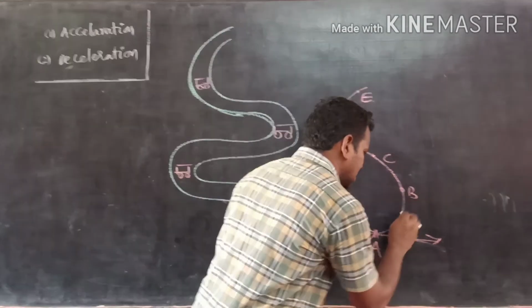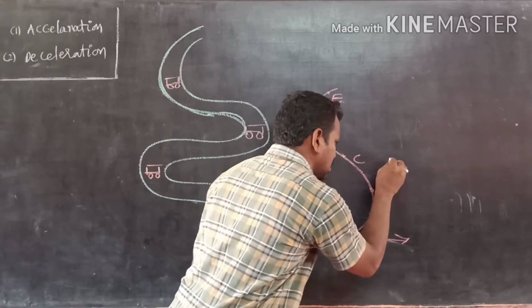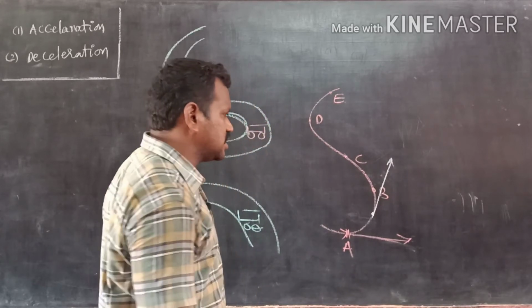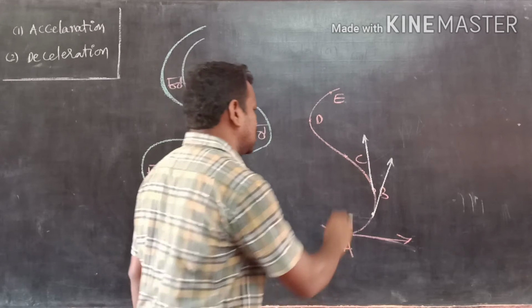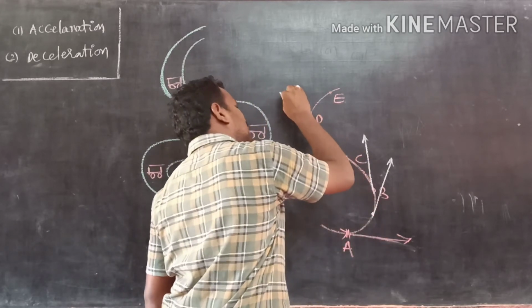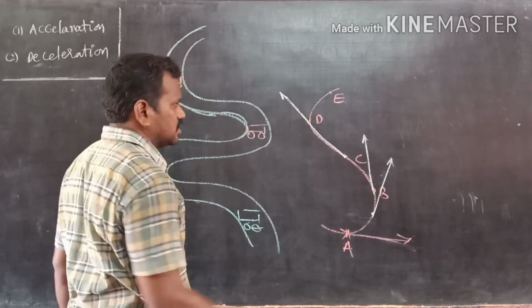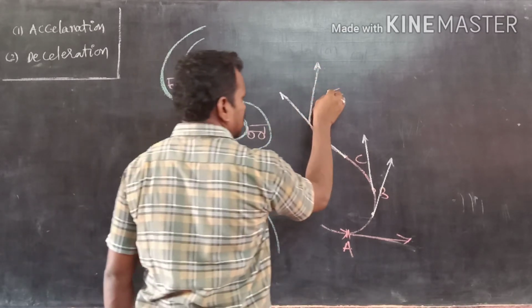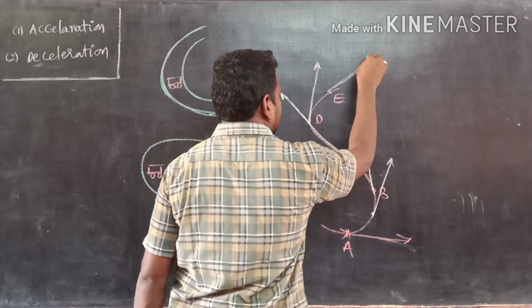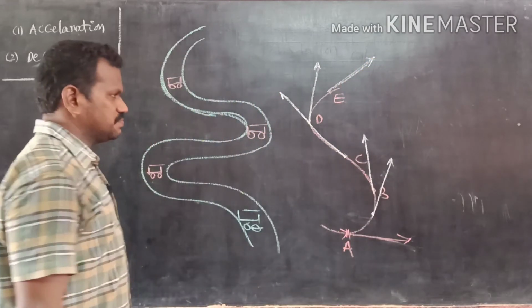Here the body is there. This is the tangential direction of velocity. Here is the tangential direction of velocity. At this point, this is the tangential direction of velocity.